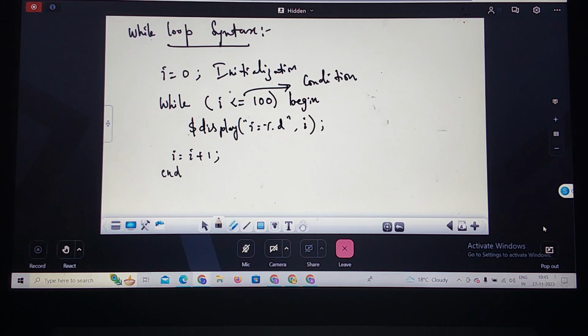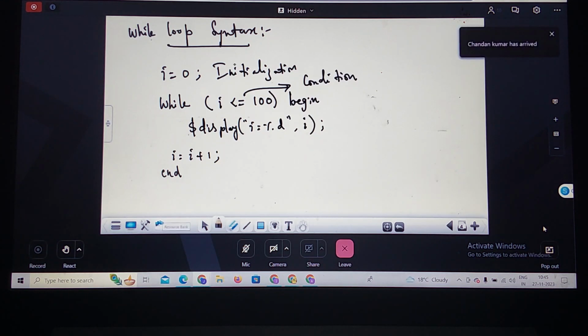Since it is logic 1, it enters the while body and executes it. In the body you increment i, so now i becomes 1. Then it goes back to check the condition. Once i becomes 101, 101 is not less than or equal to 100, so the condition becomes logic 0. If it is false, it goes out of the while loop.